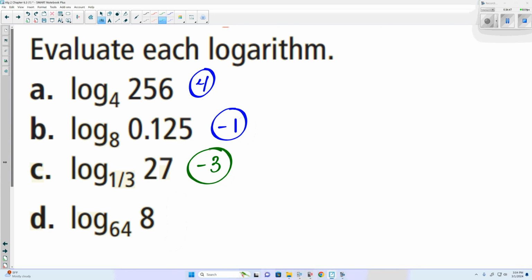And our last one here, log base 64 of 8, is 0.5 or 1/2. 0.5 and 1/2 would be the same. 0.5 is a nice decimal, so that works too.